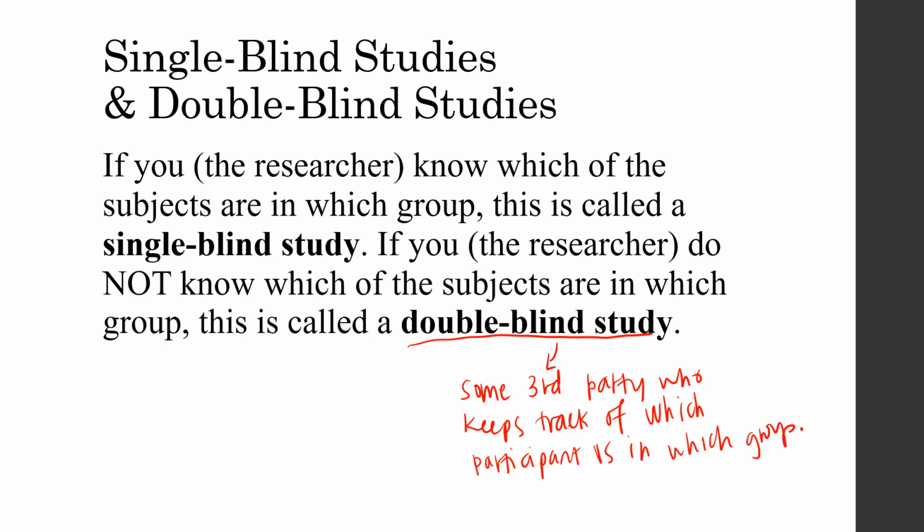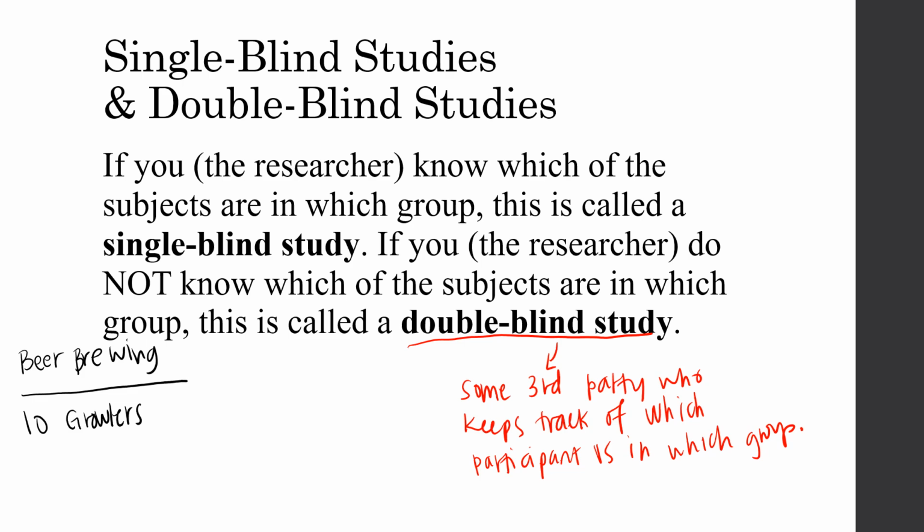All right, so an example of this, I did a double-blind study when I was in graduate school with beer brewing. So I had, let's say, 10 growlers, which is the jug that you brew the beer in.